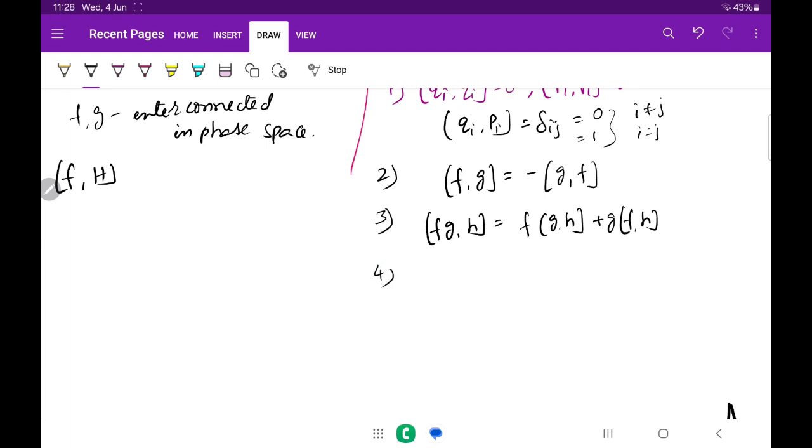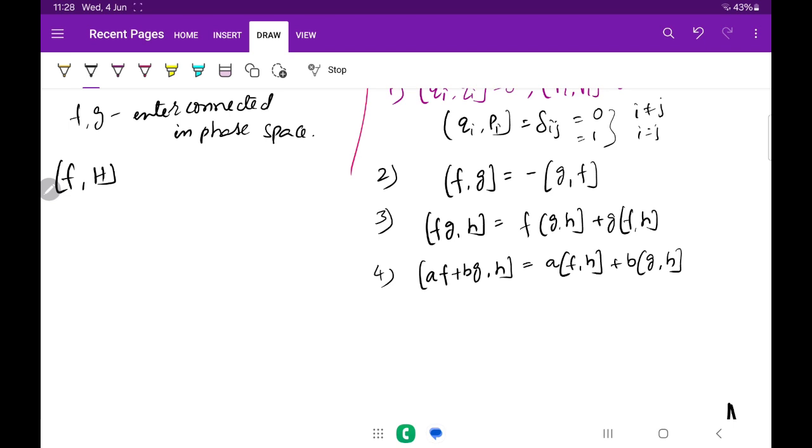And also bilinearity. For example, if a and b are constants, [af + bg, h] can be written by taking the constant a outside, and similarly taking constant b outside.